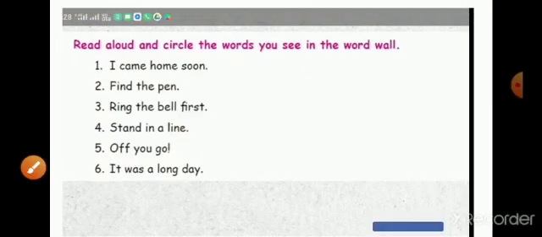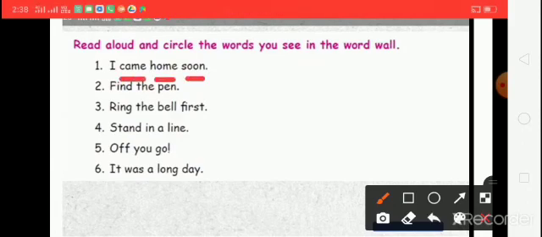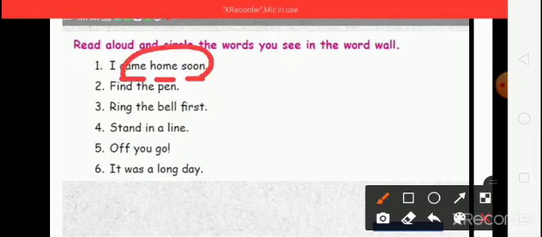Read aloud and circle the words you see in the word wall. I came home soon. Which words do you see in the word wall? Came, home, soon. These three words you see in the word wall. Another one, find the pen. Find.